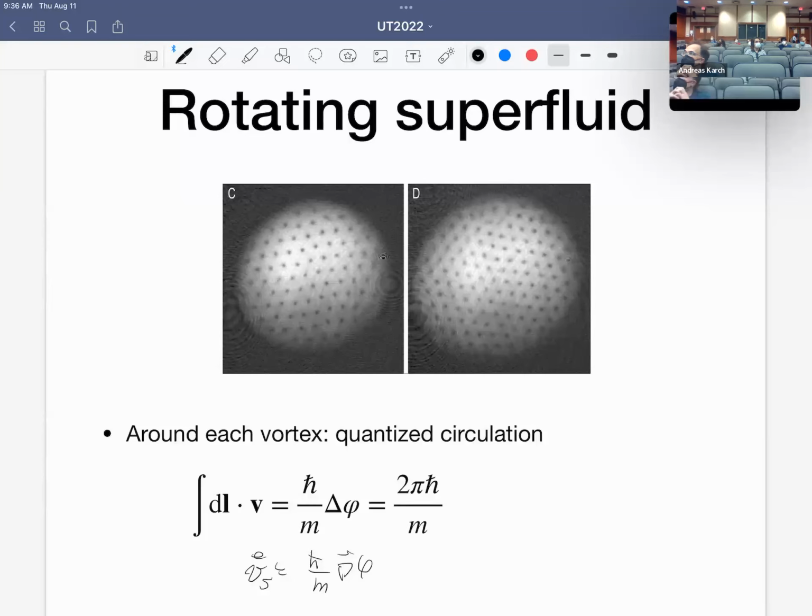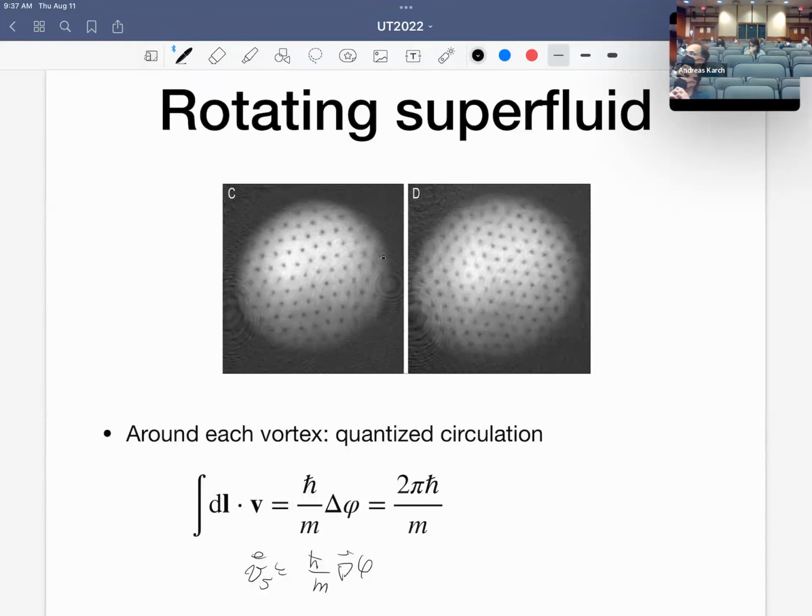So this picture is from an experiment by Ketterle in 2003. That was one of the pieces of evidence that in ultracold atomic gases that they have created in the laboratory, the ground state is actually a superfluid. That is very convincing evidence.